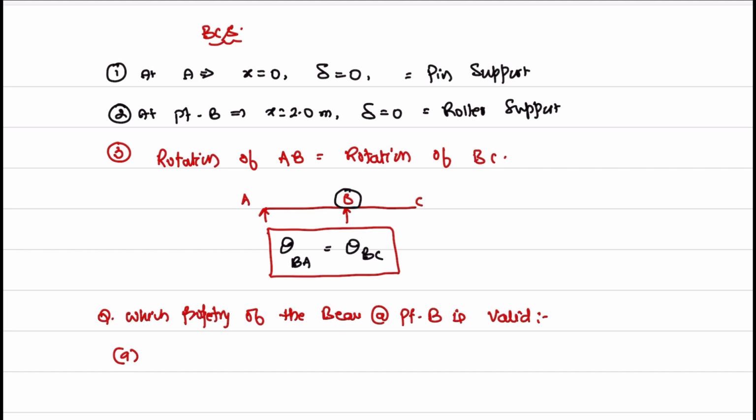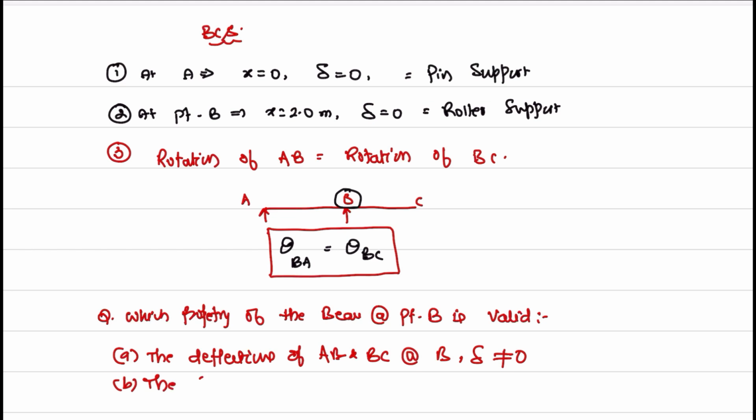Answer A. The deflections of AB and BC at B, that is delta, are not equal to 0. They can ask like this.